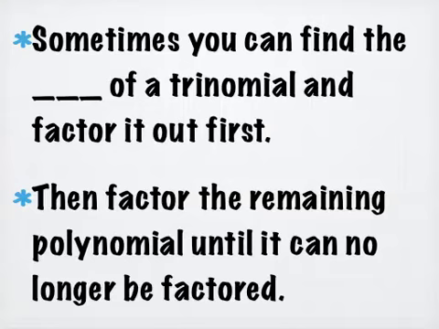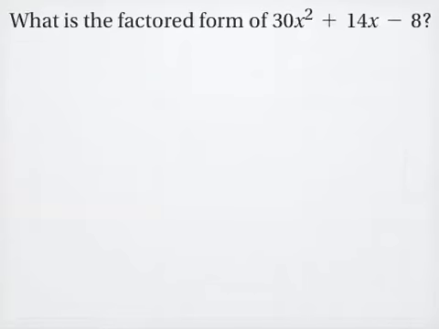Sometimes you're going to be able to find the GCF of a trinomial and factor it out first. If the three terms in your trinomial have a GCF, you're going to factor it out, and then you're going to factor the remaining polynomial until it can no longer be factored. An example of this would be, what is the factored form of 30x squared plus 14x minus 8?